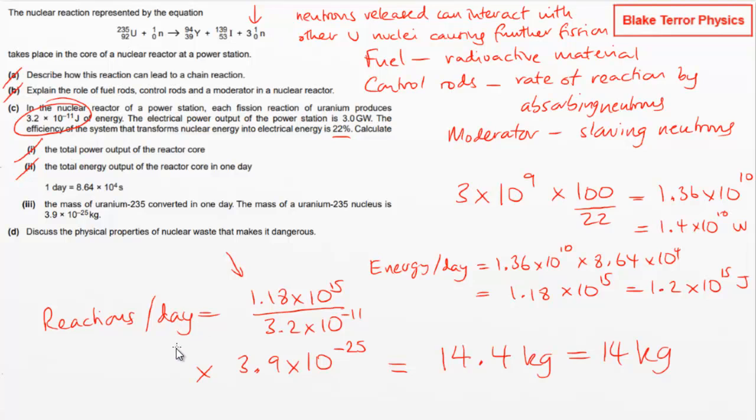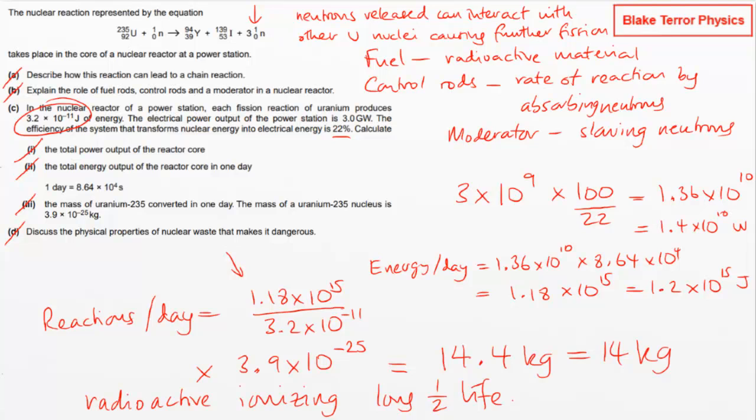So if you mention the words radioactive, ionizing, and what that does, and the long half-life, then you've got quite a lot you can say on that last bit. So there we go, that's question number 1.